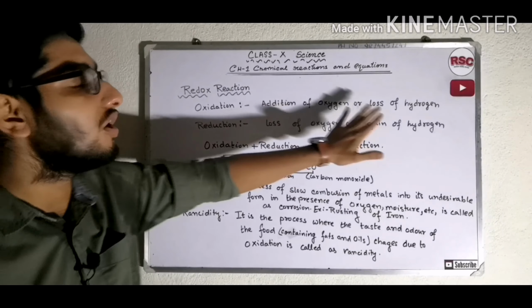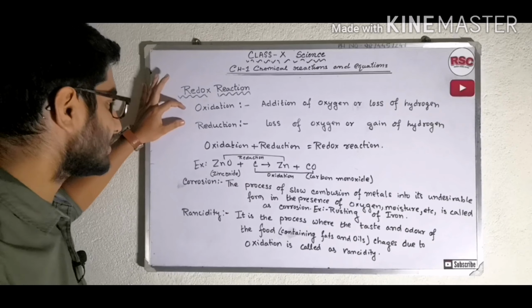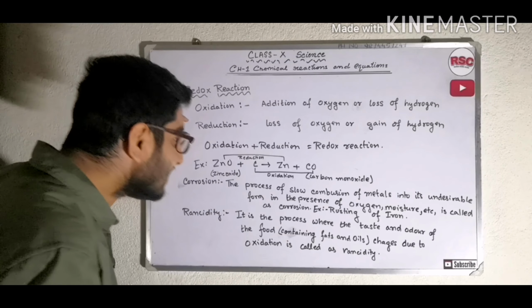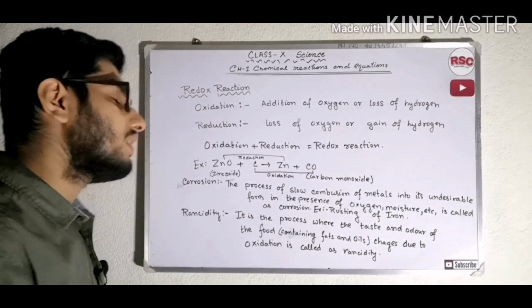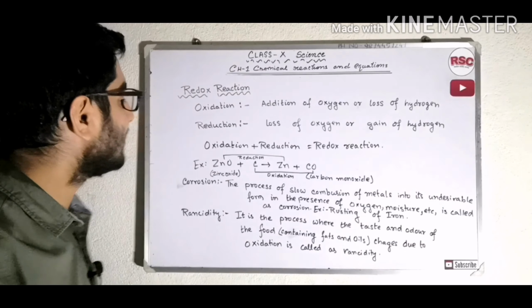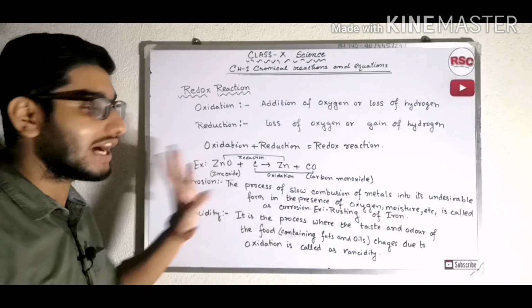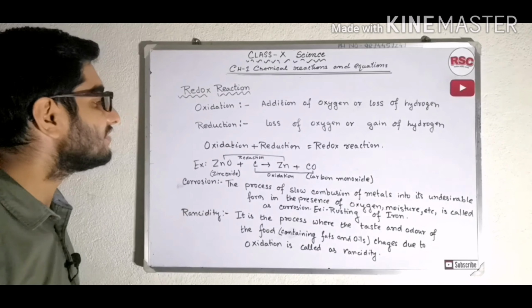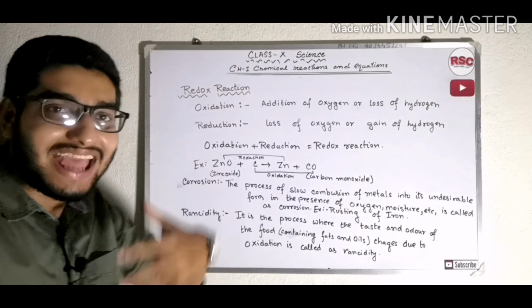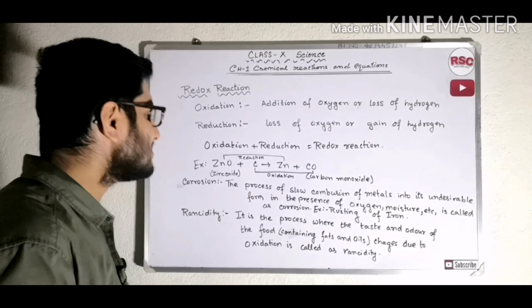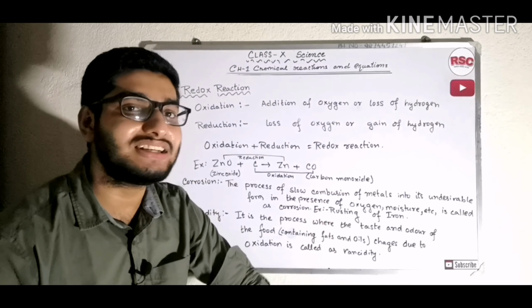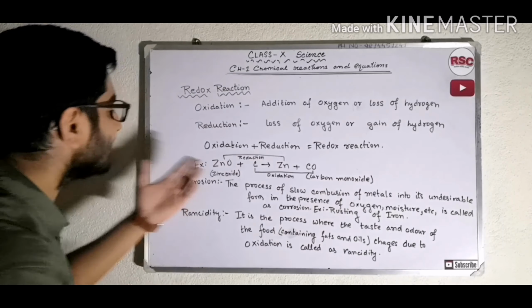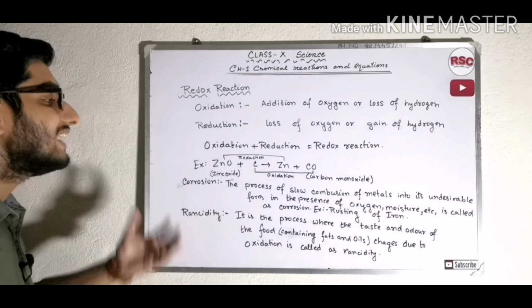Addition of oxygen or loss of hydrogen is called oxidation, and in the case of reduction, loss of oxygen or addition of hydrogen is called reduction. This means in any reaction, when oxygen is added to some substance, it is called oxidation, and if oxygen is lost from that substance, it is called reduction.